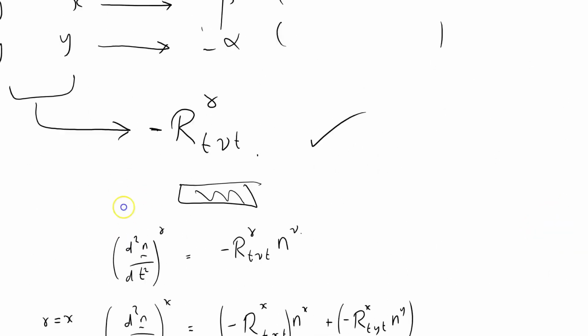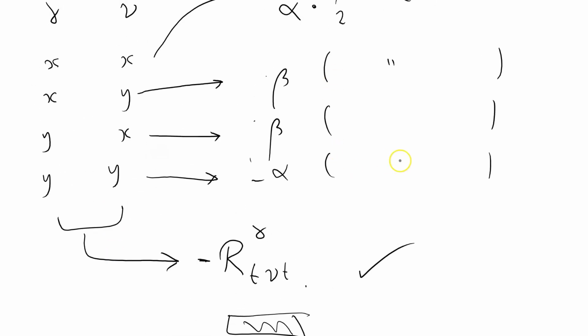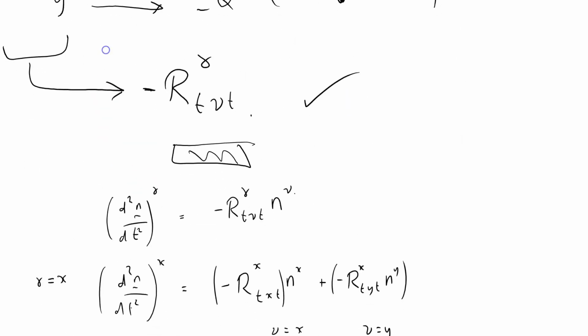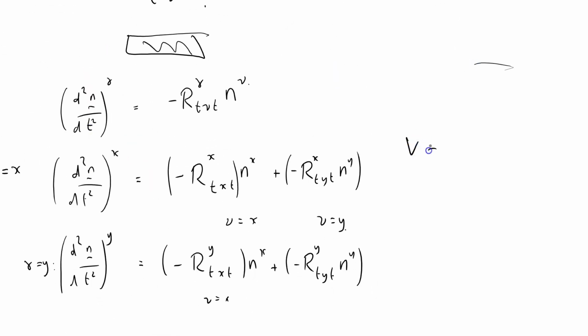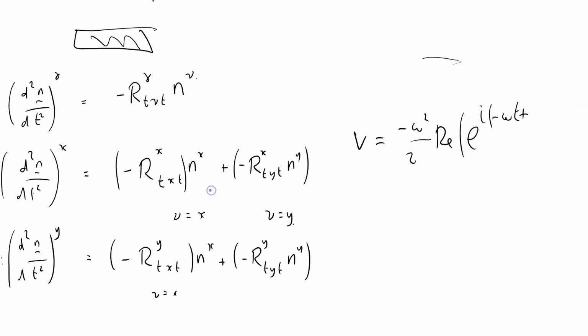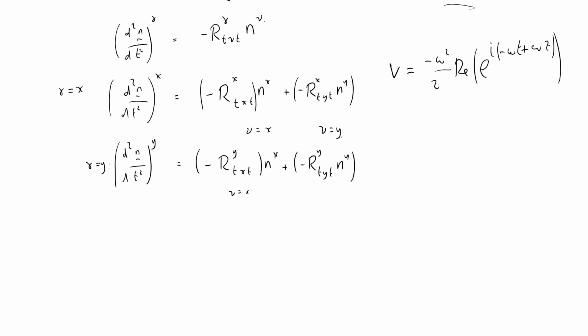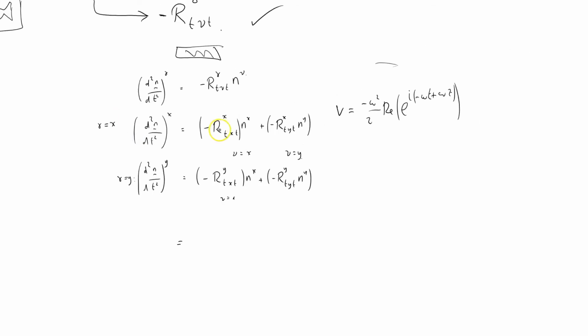When we evaluated this expression, we had this complicated oscillating thing, which I'm going to call v for varying, where v was equal to minus omega squared over 2 times the real component of e to the i times minus omega t plus omega z. All I'm going to do is substitute for these terms from the matrix we did a few minutes ago.